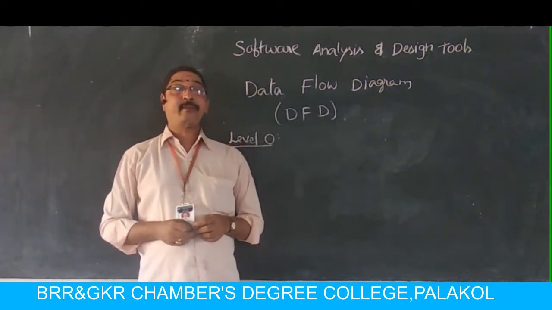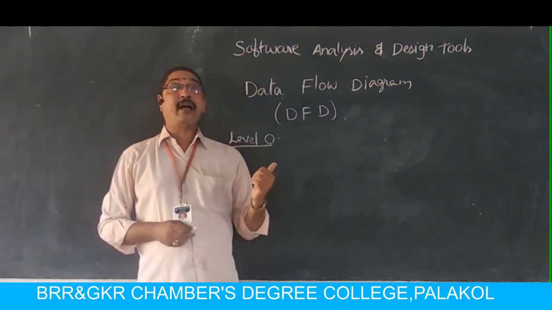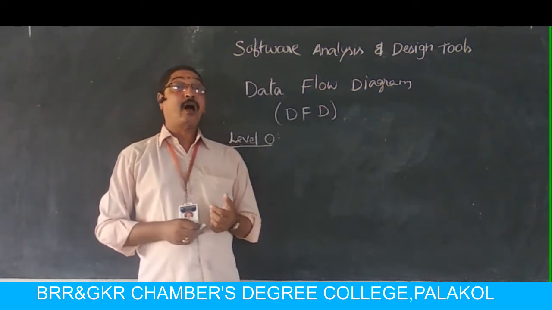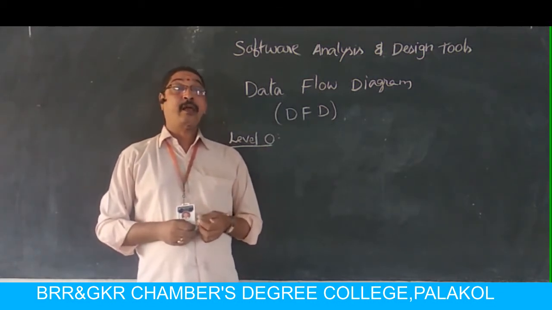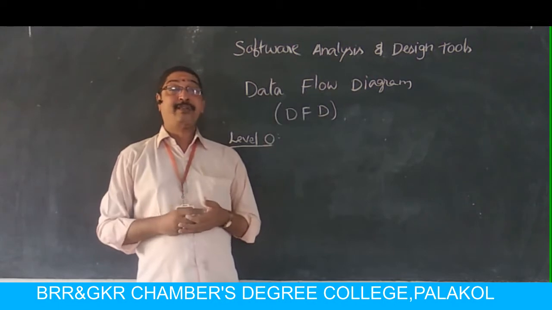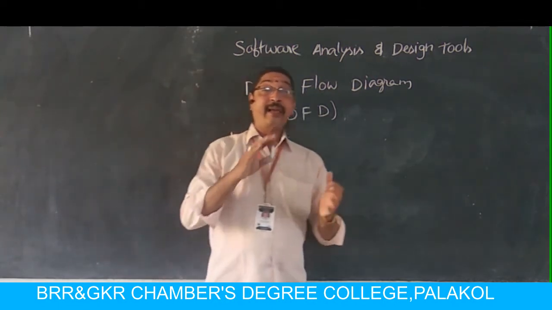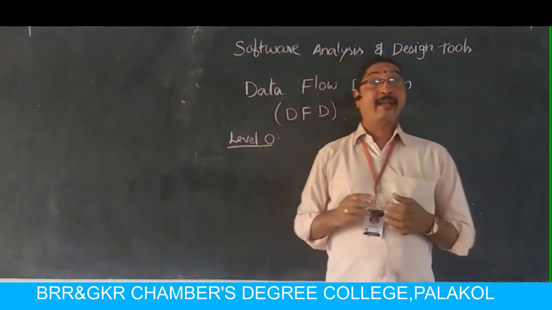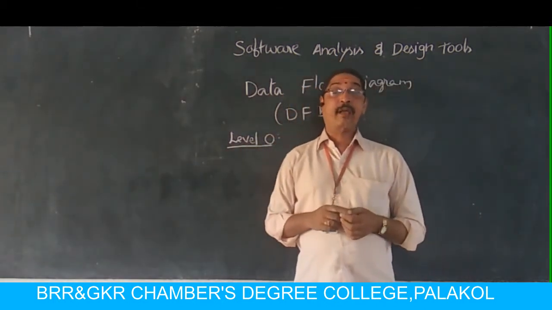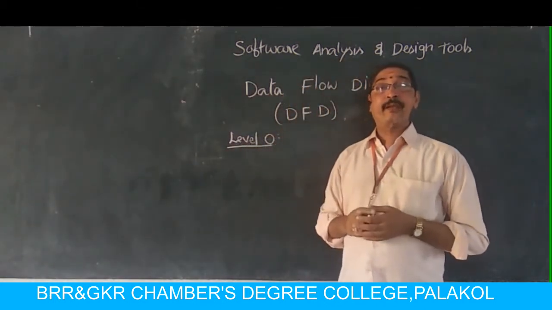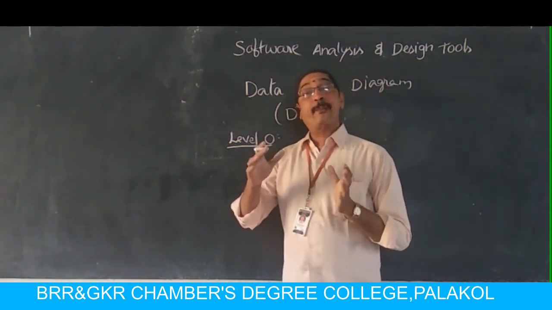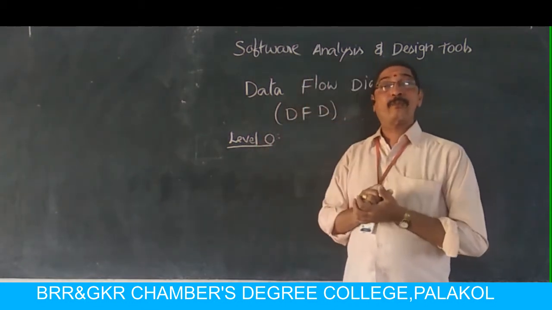We will see. This level 0 is the highest abstraction of DFD, and this is also called as level 0 DFD, which depicts the entire developed system as an information system, as one diagram. In a single diagram, you can represent the entire system.